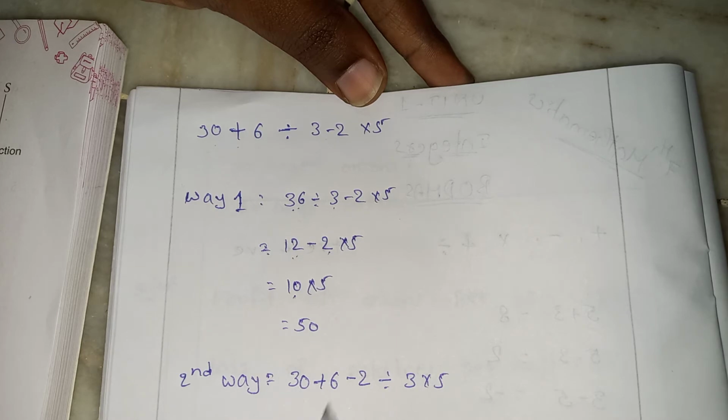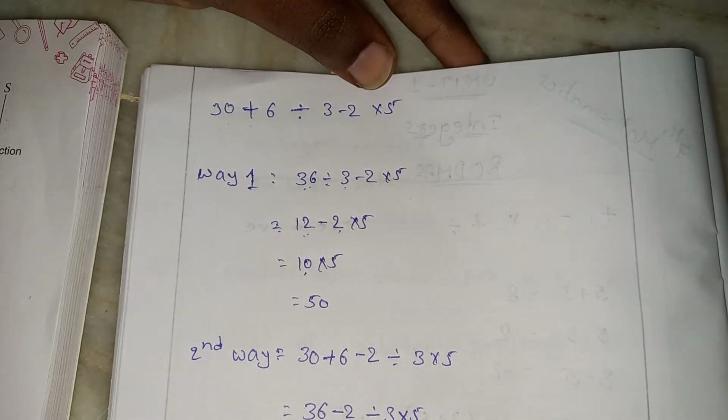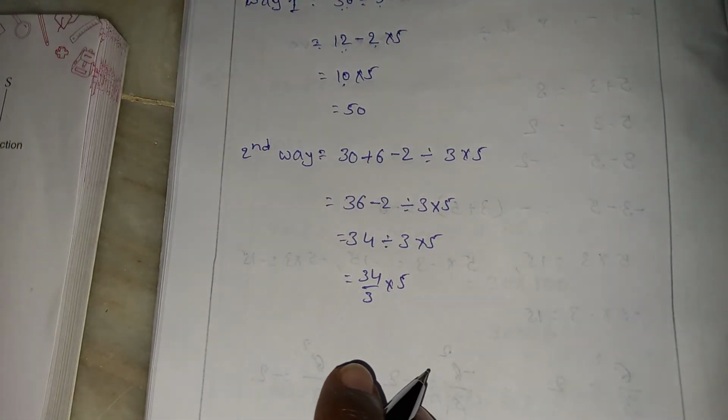Then how much will it be? 36 minus 2 divided by 3 into 5. So again 34 divided by 3 into 5. Now how much will it be? Some 34 by 3 into 5. Some rational number we may get, right?